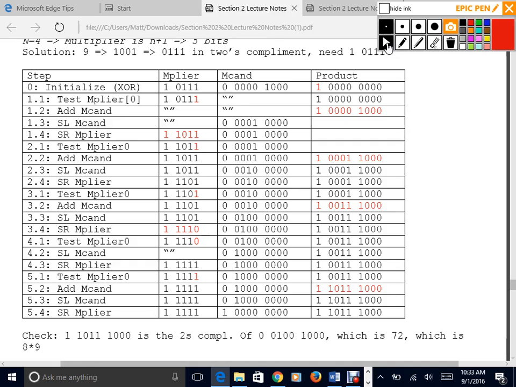So in step 1.4 up there, when you shifted right, are you shifting that sign bit right too? Is that why there's a sign there? I just picked that as a convention. So basically, this is the common question I get when you're doing a negative number. In this case, we have negative 9, right?